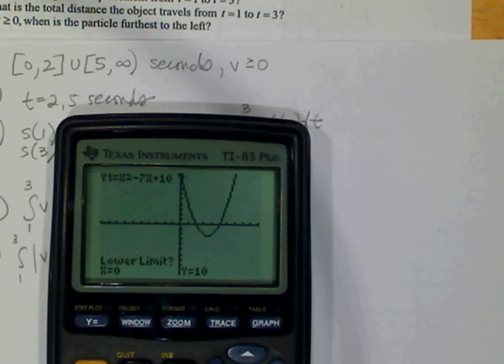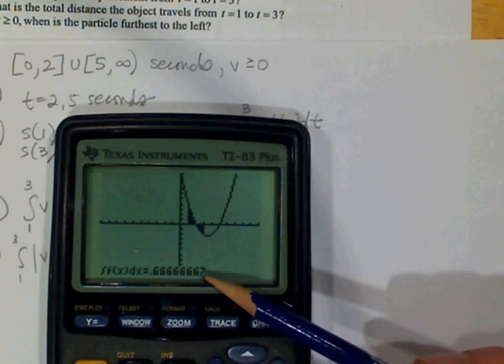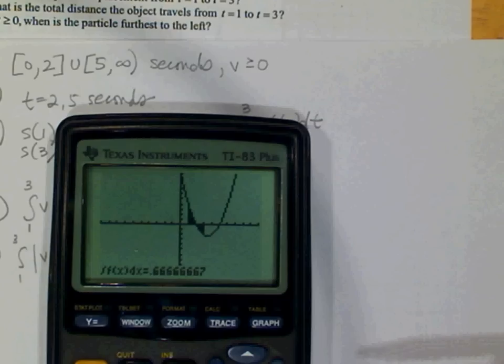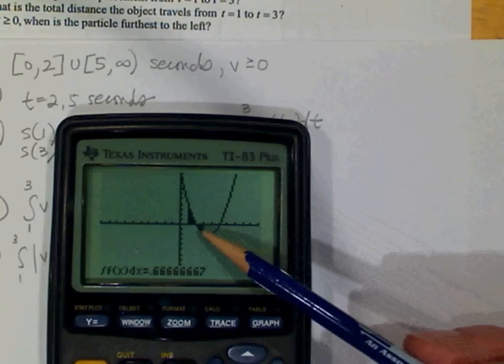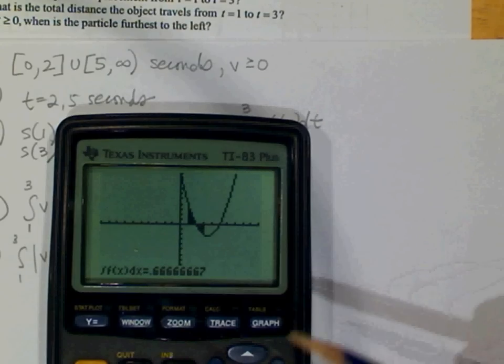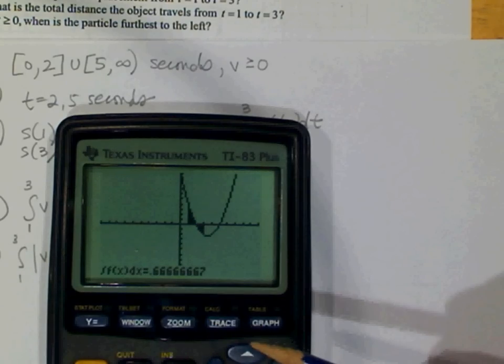It asks for the lower limit and the upper limit. The lower limit for us was 1, and the upper limit was 3. It shades in that area and gives you the net change. I forget exactly what it is, but there's a difference between this program on the second calculate side and the math 9 side.